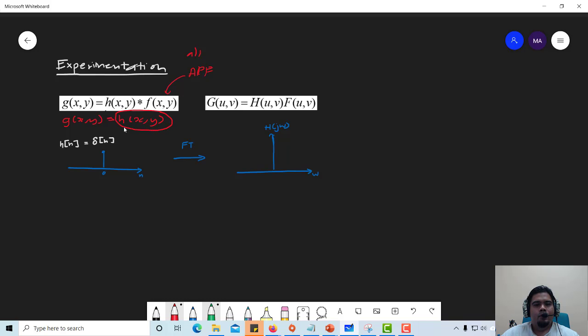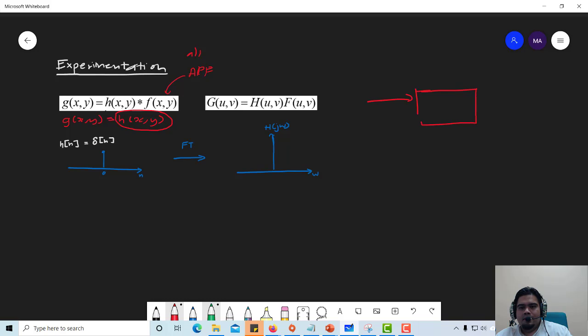So if we can generate some signal that is actually an all pass filter, and we put it as our input image over here, when it passes through the system, remember the system looks like this.